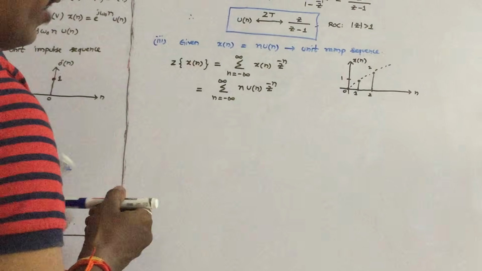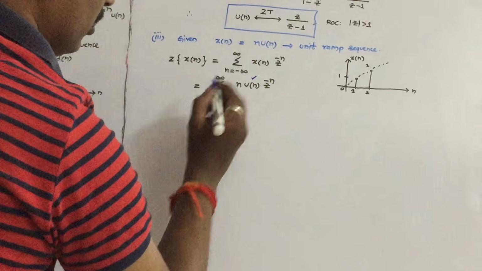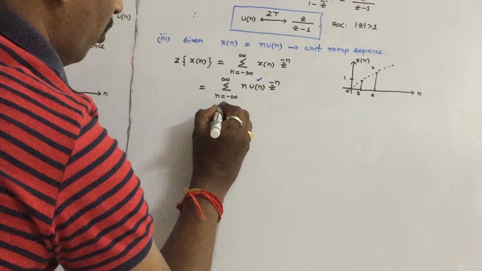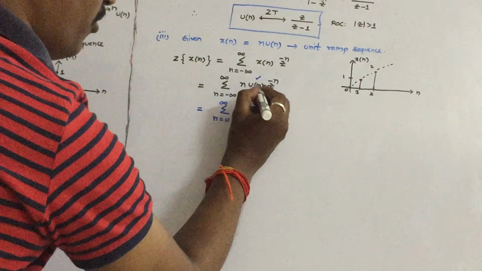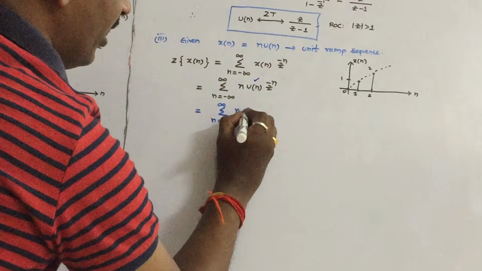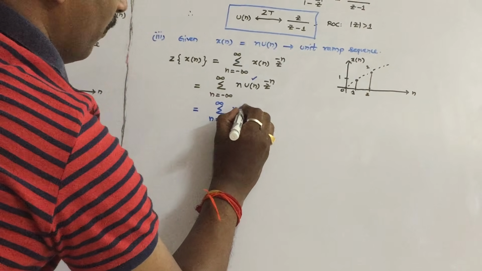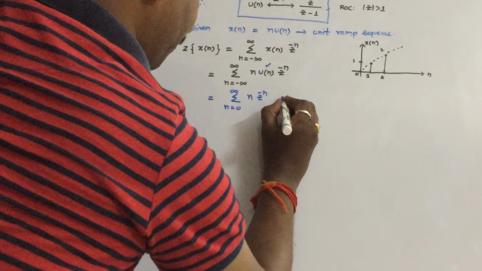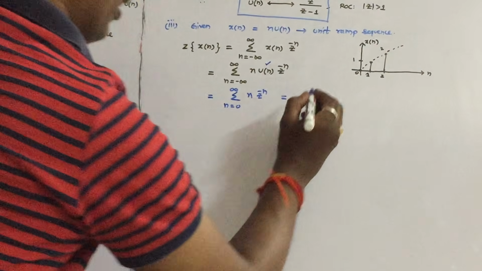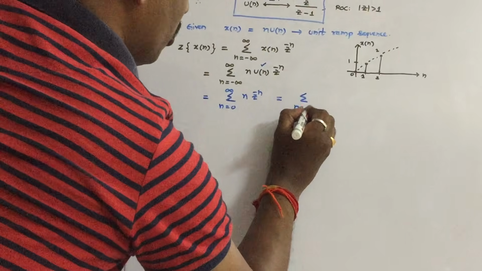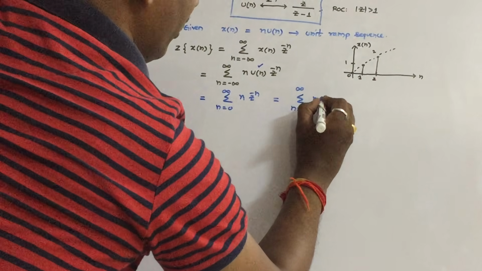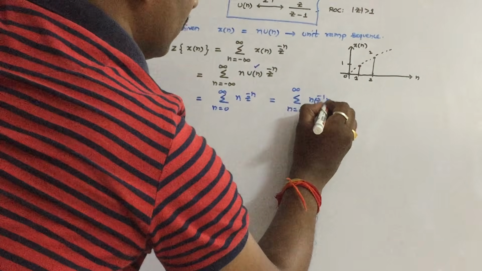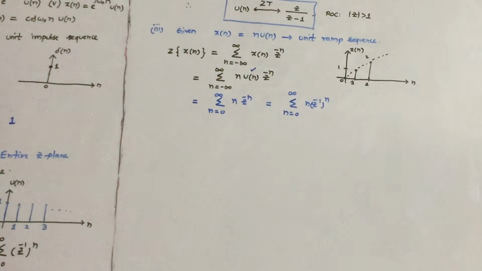Because of u of n, you have to change the limits from n is equal to 0 to infinity. In this interval u of n amplitude is 1, so therefore n into z power minus n. Let us write it like this: n is equal to 0 to infinity n into z power minus 1 whole power n.